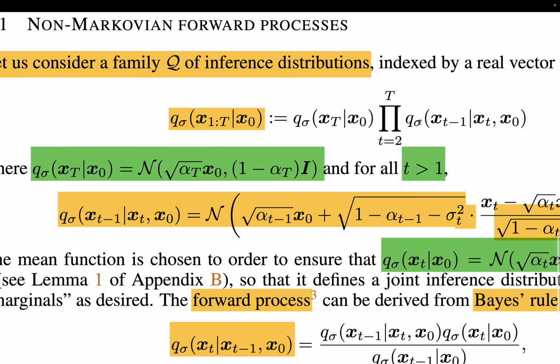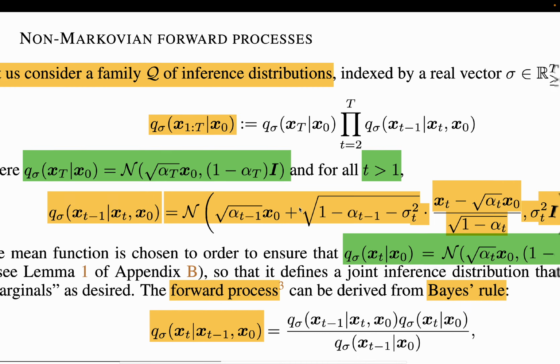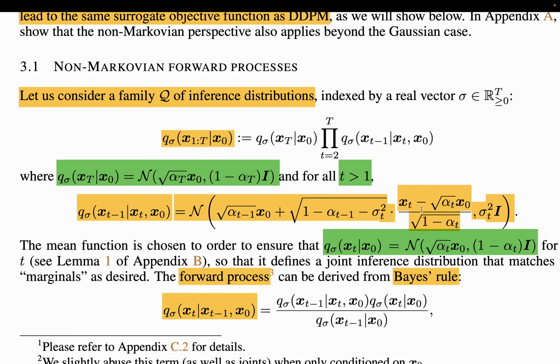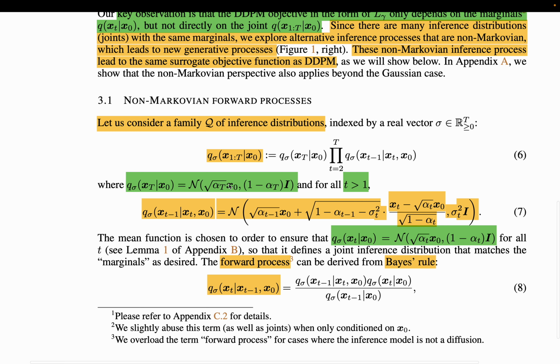So q sigma of xt minus 1 given xt and x0. This is the new joint, and this is the form it has. How do they find the mean and the standard deviation of this distribution? It's because of those constraints in green, which fix the mean and the standard deviation.